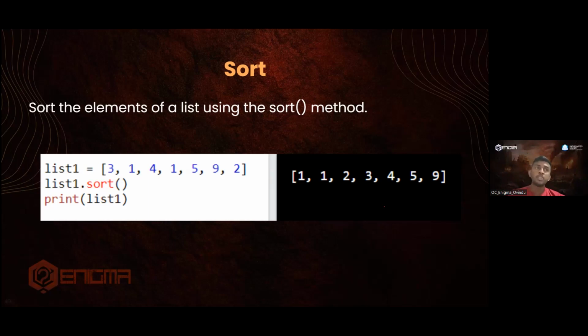Can you put in the chat the different data types that can be included in lists? Please mention them in the chat.